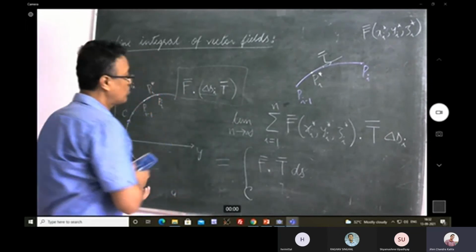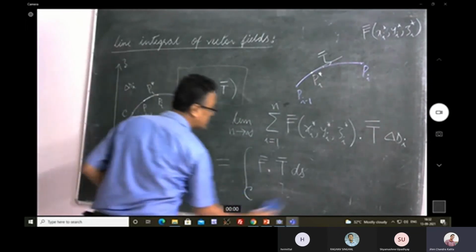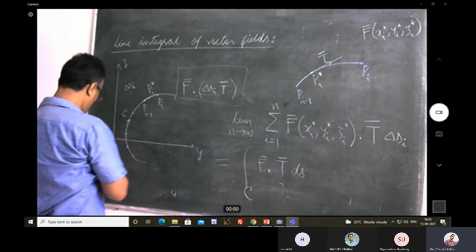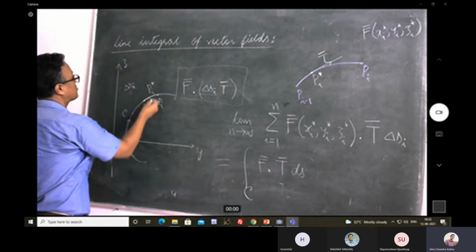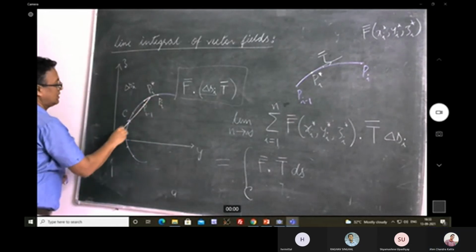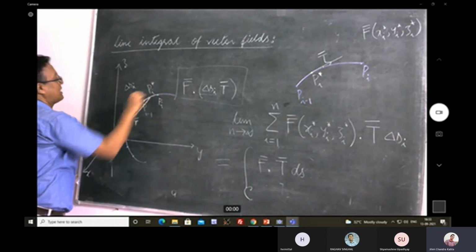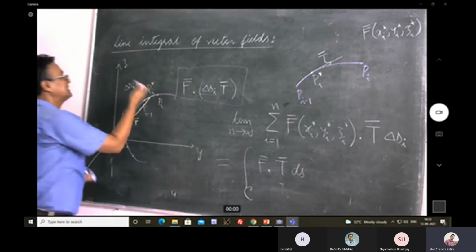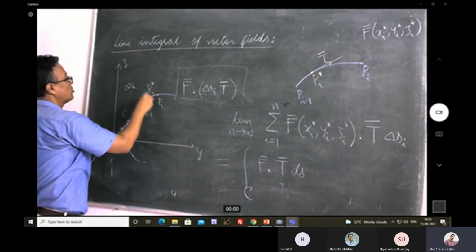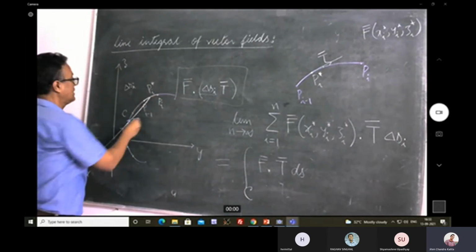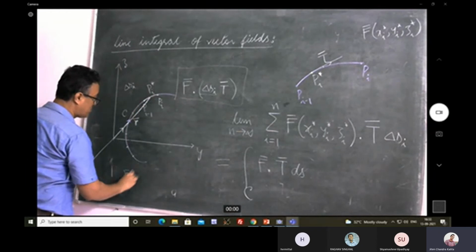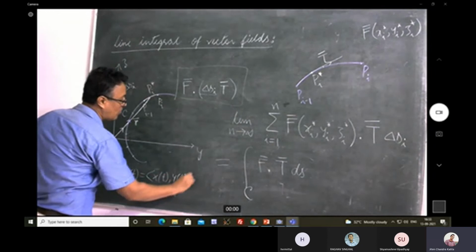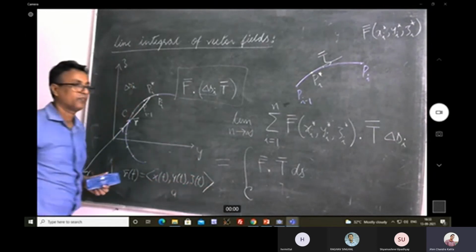Now I would like to introduce you to different forms of this. Suppose at this point P_i star, or simply any point P whose coordinates are x, y, and z, is parameterized by the vector r(t), which is simply x(t), y(t), z(t).